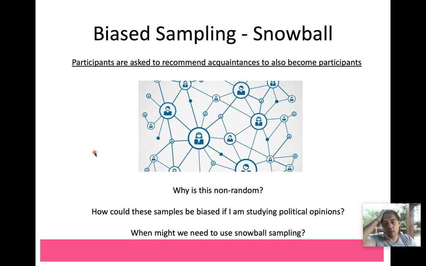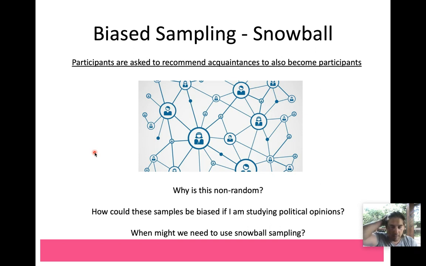Now, there are occasions when we might want to use snowball sampling. Those occasions are few and far between, but there are legitimate reasons for using snowball sampling. Situations like studying incredibly rare or difficult to get access to situations.